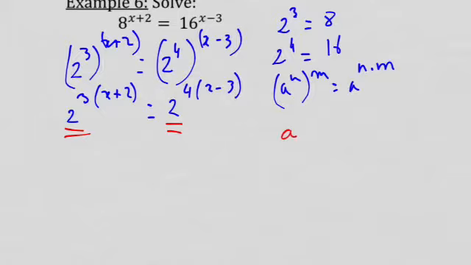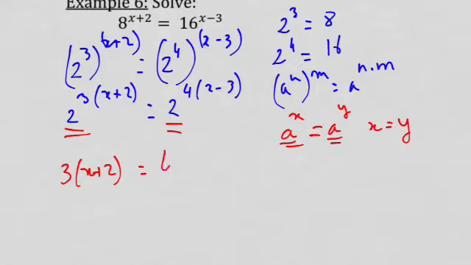So I can use that when you have a to the x equals a to the y, I can write x equals y. So I'm going to do exactly the same thing. 3 times x plus 2 equals 4 times x minus 3. I'm going to distribute: 3x plus 6 equals 4x minus 12.